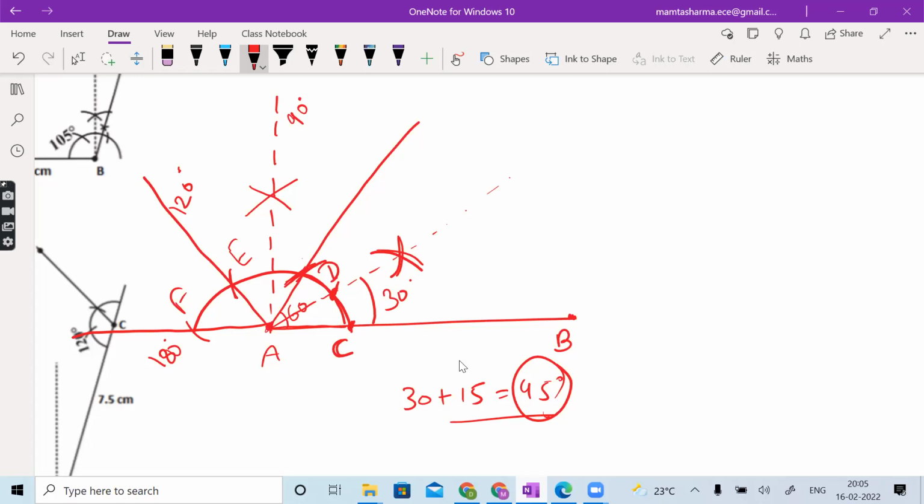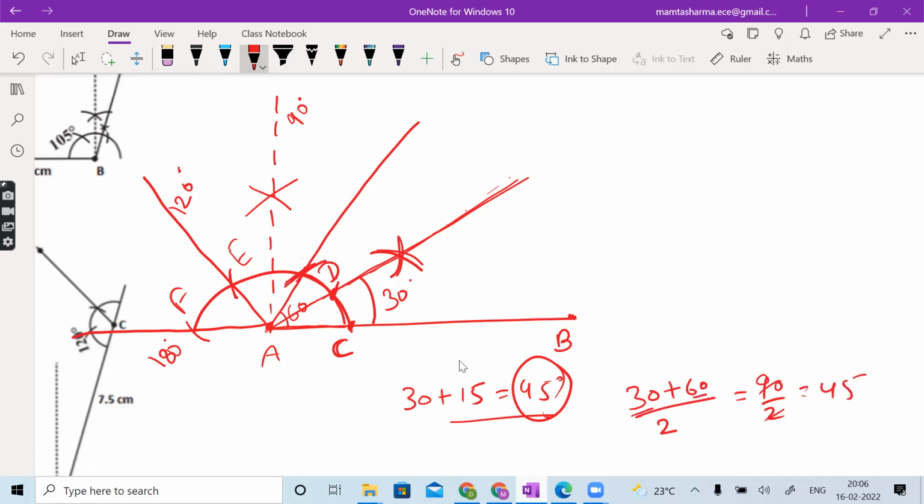Yes. So for 45 degree, this is 30 degree. 45 degree will be the middle of 60 and 30. The midpoint of 30 plus 60.